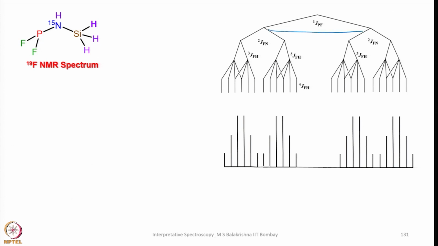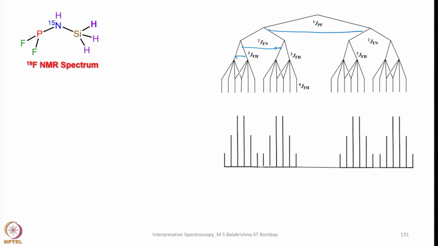This is the PF coupling. Next it is coupled with 2 bond 15N, so each one is again a doublet. This is FN coupling. Then each signal of fluorine is coupled with hydrogen to give another doublet. This is your 3 bond FH coupling due to the hydrogen present on nitrogen.